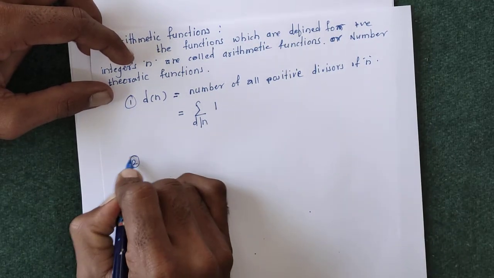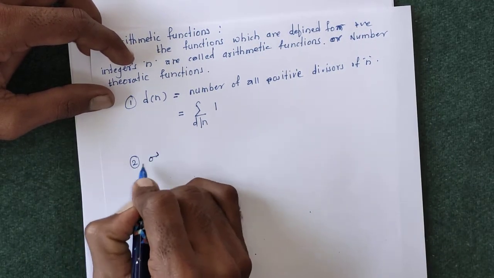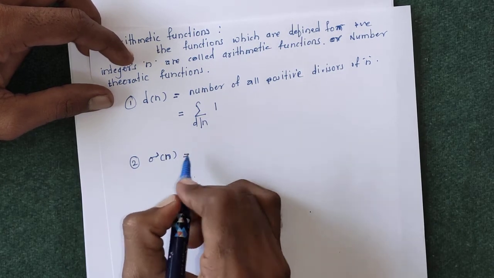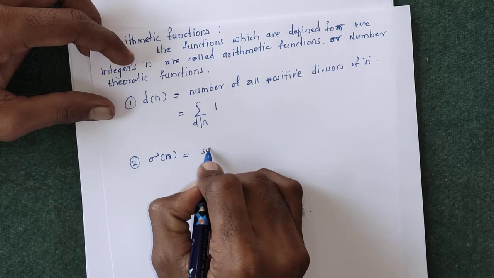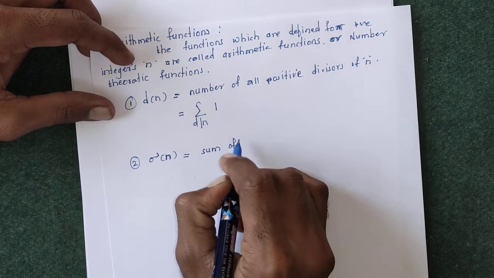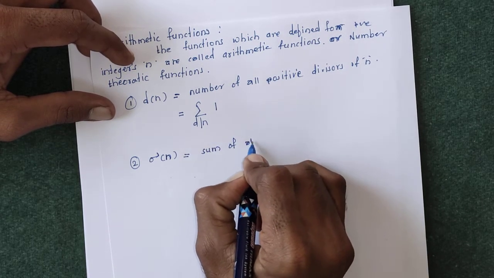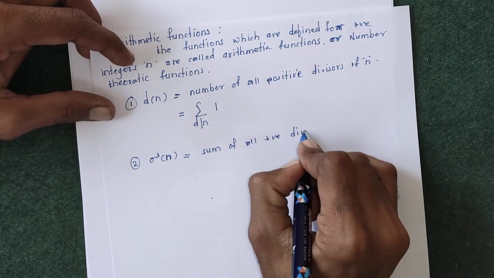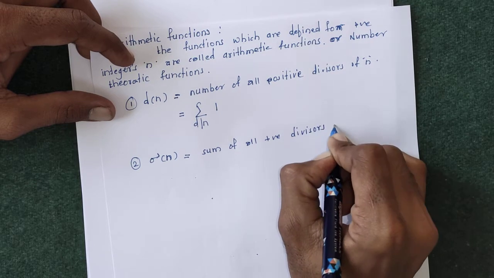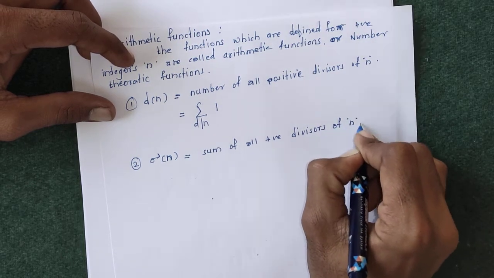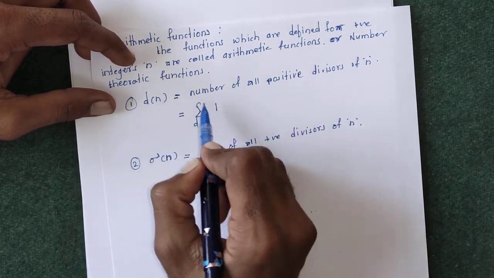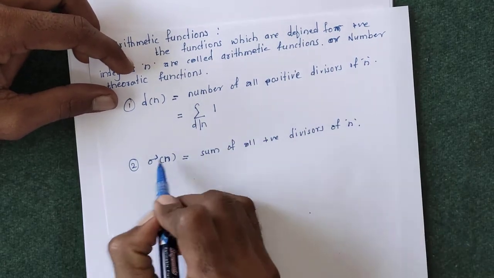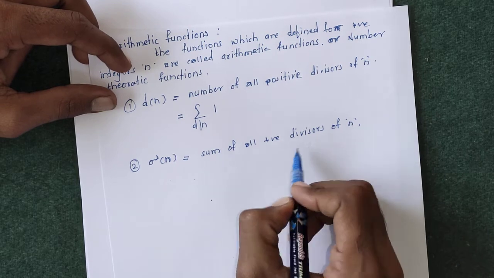Similarly, the second definition is sigma of n. Sigma of n is the summation of all the positive divisors of n. So d of n is the number of all positive divisors, and sigma of n is the summation of all the divisors of n.